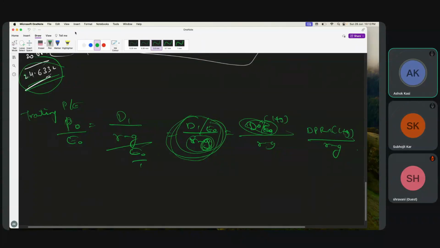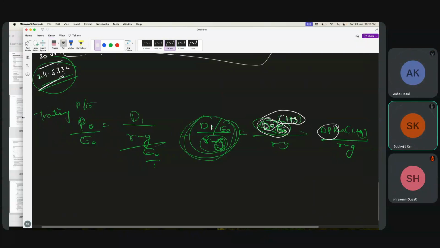This is D1, which I am writing as D0 into 1 plus G. And D0 by E0 I am writing as DPR, the dividend payout ratio. That is the formula of DPR.